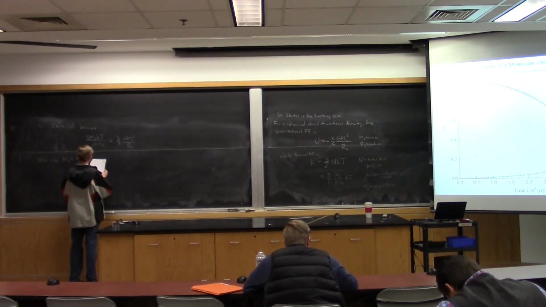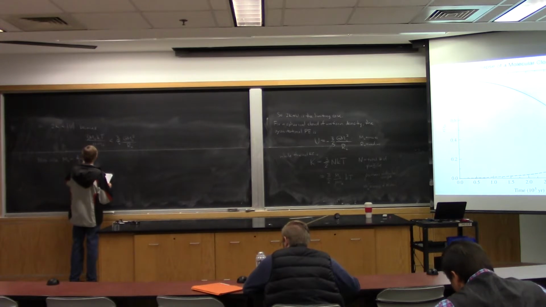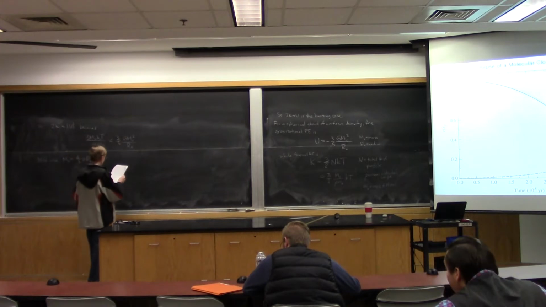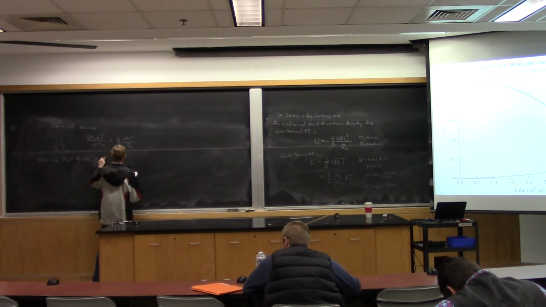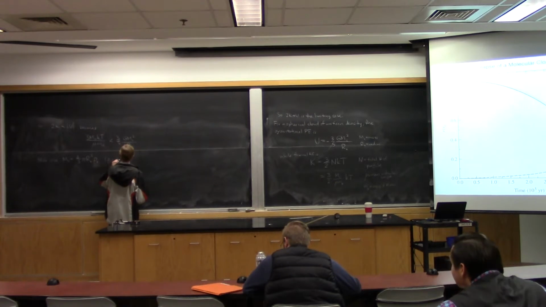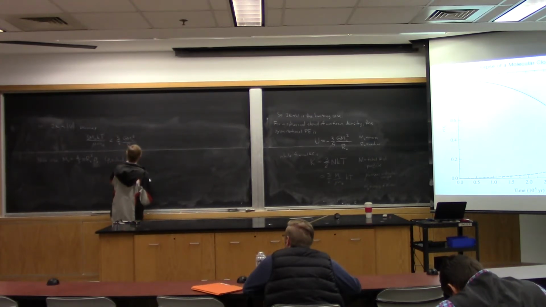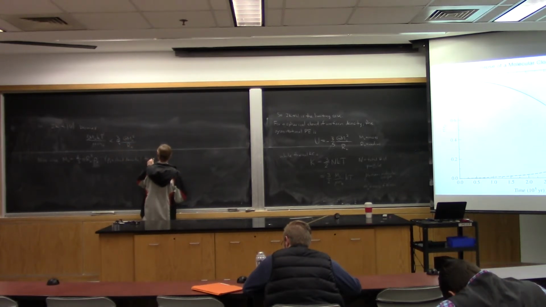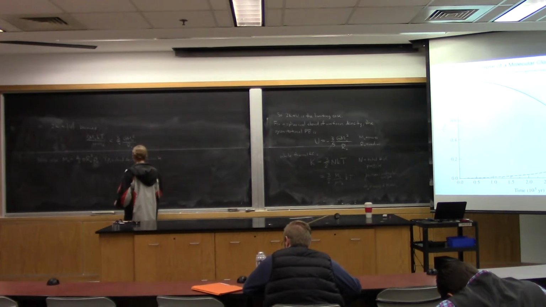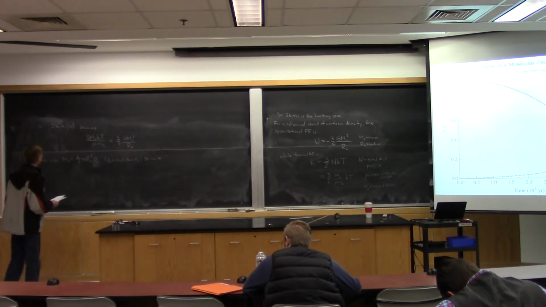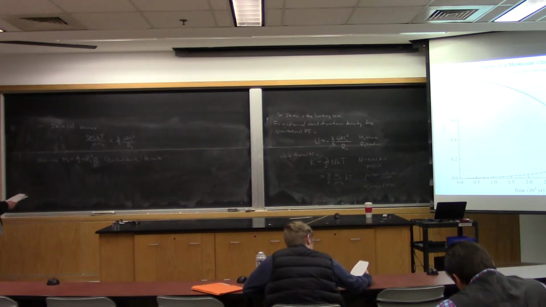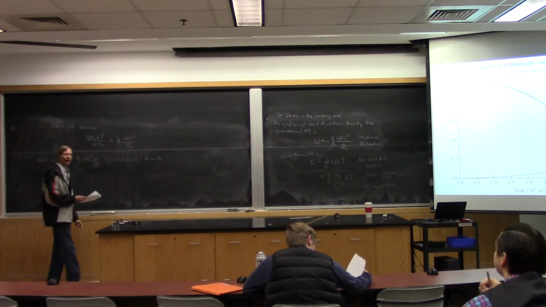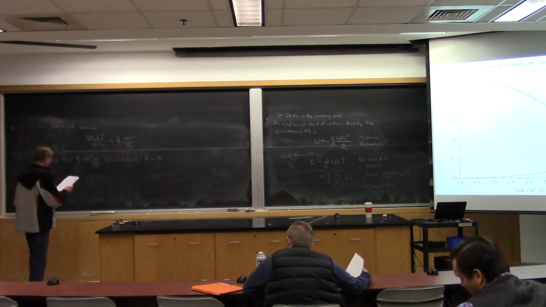Or in other words, it'll be 4/3 pi times the radius of the cloud cubed, that's its volume, multiplied by rho cloud, that's its density, plug that in, and solve for the radius of the cloud. So in other words, plug in this mass on both sides and solve for the radius of the cloud.